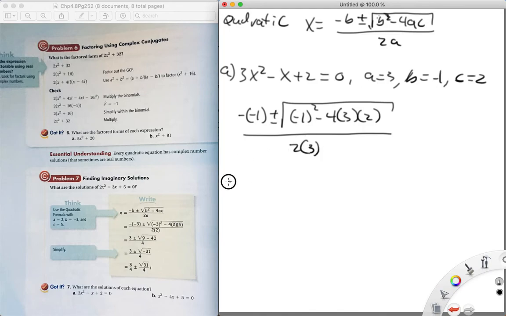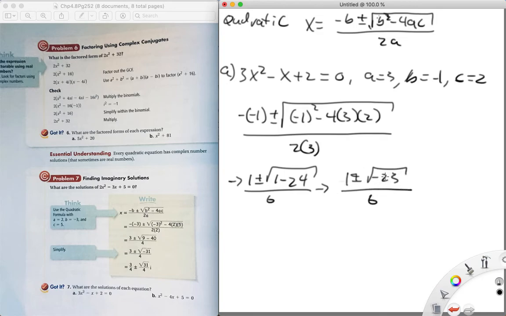So that's going to give me 1 plus or minus the square root of 1 minus 24, over 6. Plus or minus the square root of negative 23, over 6.